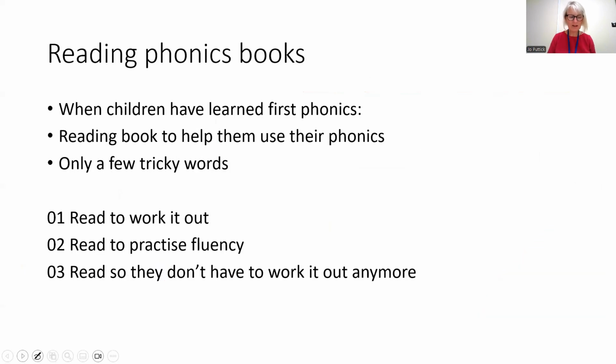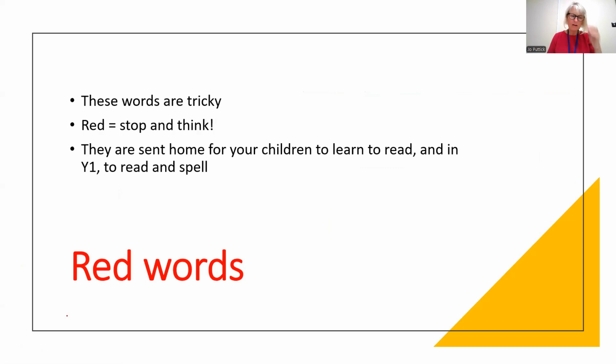But we also have tricky words. Tricky words are words where some of the letters in the word children have not yet learnt in their phonics, or it is a rare representation of a sound. Thinking about the word the, for example, they might know that TH is a V sound, but E representing an uh on the end is unusual.